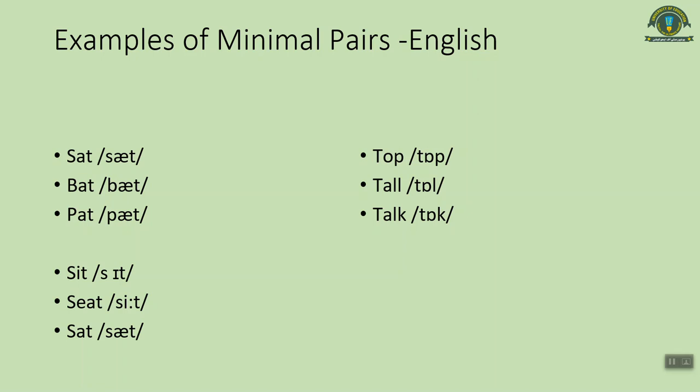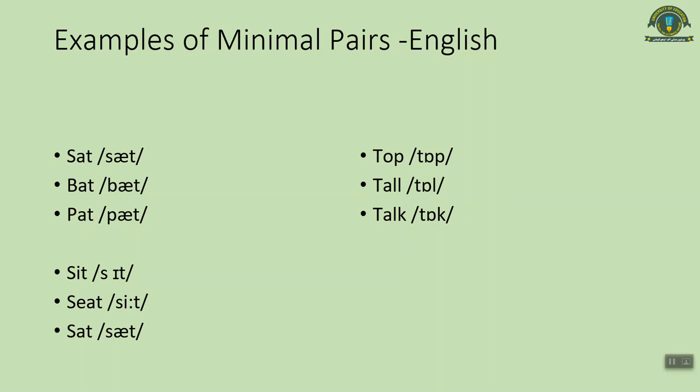When we are working with minimal pairs, remember that these should consist of only one syllable. These should not consist of more than one syllable. And minimal pairs are really useful for teaching language to foreign learners. For example, if we are unable to differentiate between the th and the sound, we can be taught this through minimal pairs.